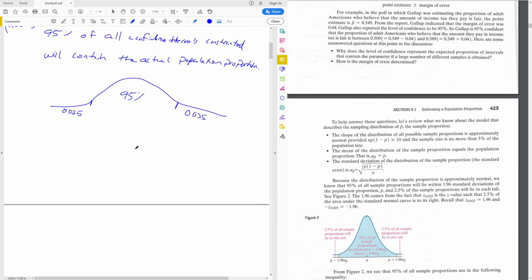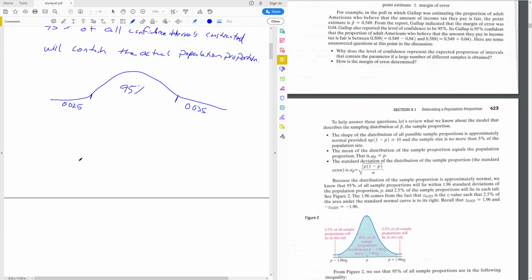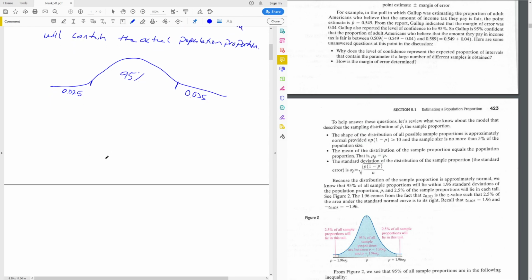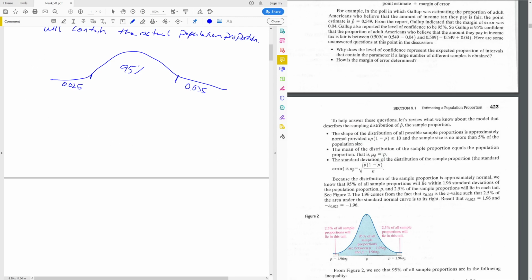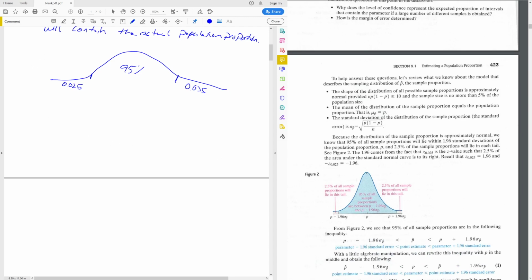Okay? So what we do is we find there's a little formula here that we're going to use, and that gives us the standard margin of error, and it's the third bullet here on this next page.